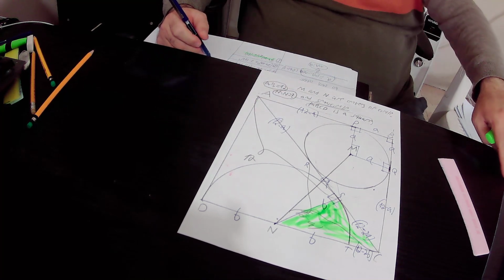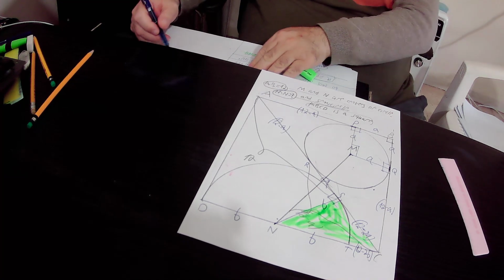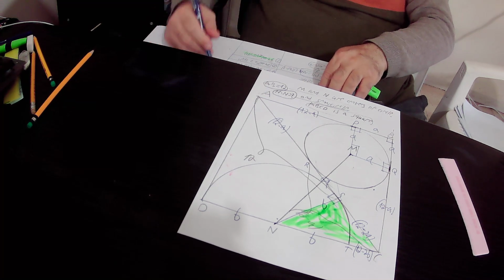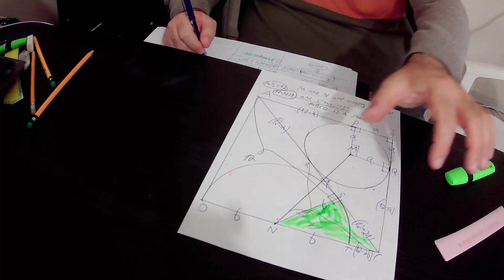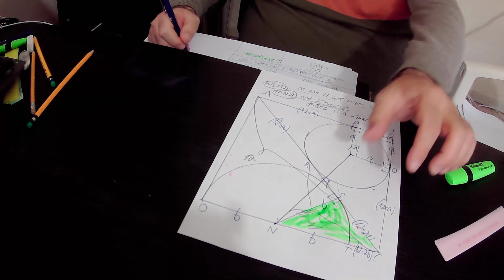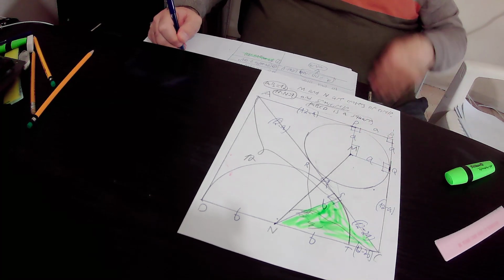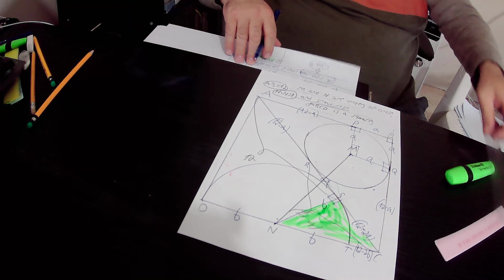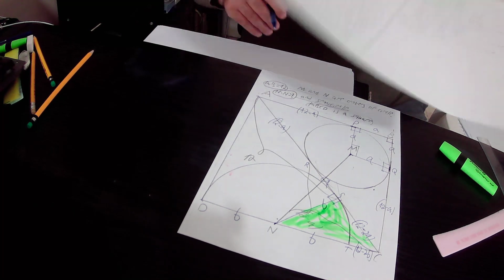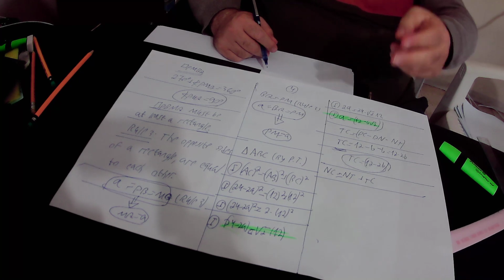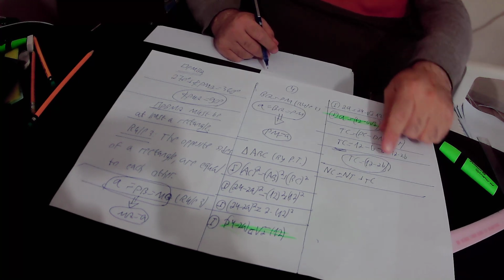From the drawing it is very easy to see that the hypotenuse NC is equal to NT plus TC. I'll repeat again. The length of the hypotenuse NC of the right green triangle, triangle NSC equals NT plus TC.